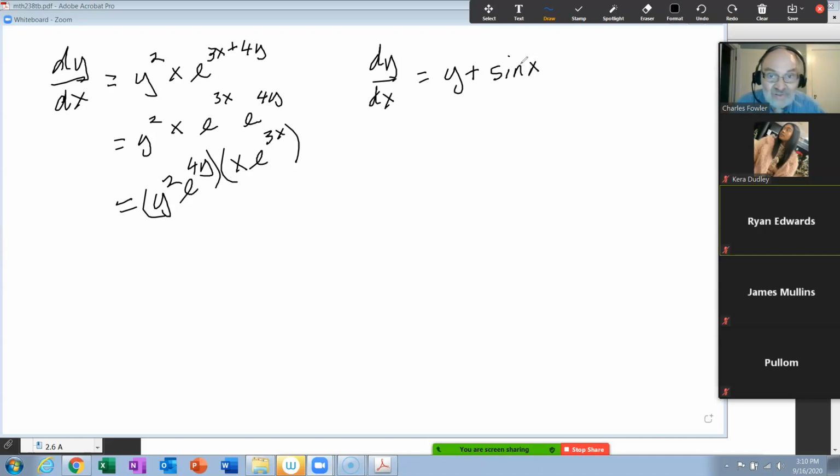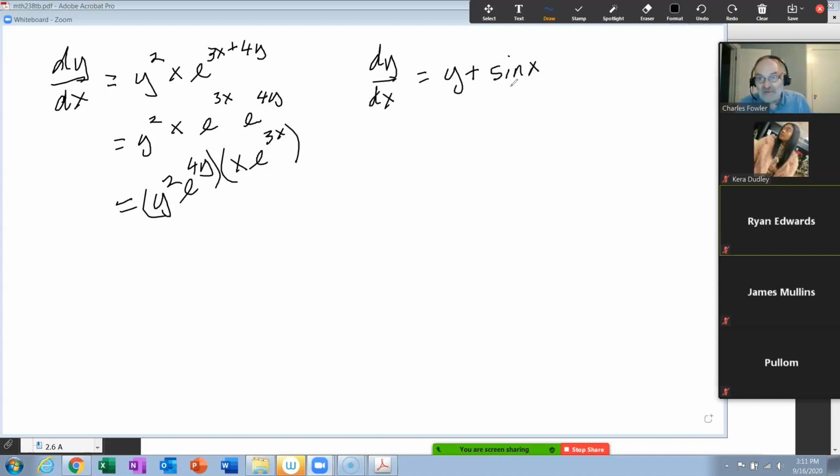Any guesses? No way. That's the sum of two functions. You cannot write it. This was the sum of two arguments of an exponential. You could rewrite that to be a product of exponentials. This, no way you can make that as a product of a function of y times a function of x.